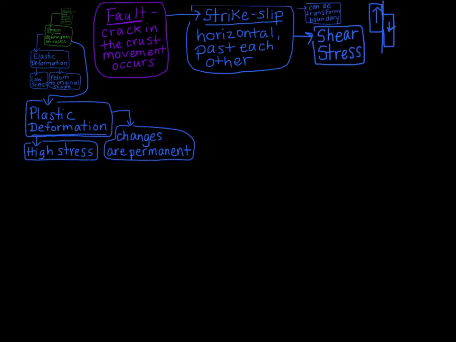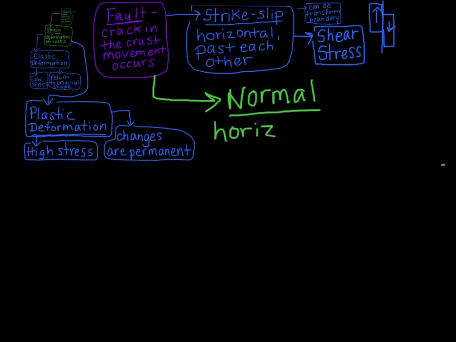The second kind of fault that we will learn about is called a normal fault. A normal fault occurs when you have both horizontal and vertical movement.